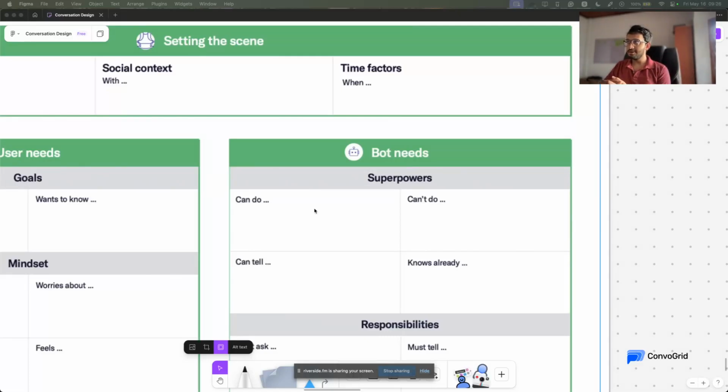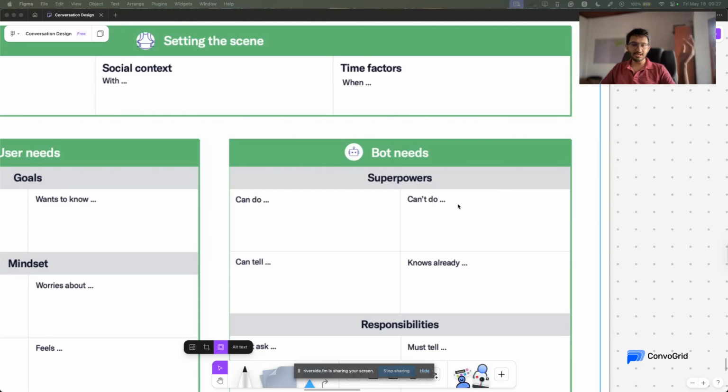What the bot can do, for example, is show you the available flights. It will be able to book a flight for you. It will be able to show you when the next flight is. But what it can't do is, for example, book your hotel, right? If it's a flight booking system, it's only for flights, not for hotels or anything else, just because it's booking. So what it can do is help you book flights, help you get information about flights, and so on.